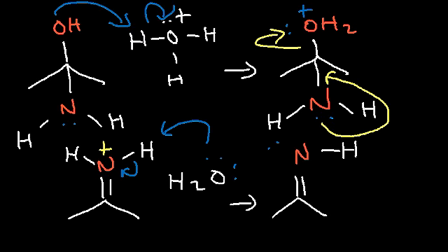Now what about the enamine product? Let's propose a mechanism for that as well. So what do you think is the first thing that's going to happen in this example? So I'm going to draw the secondary amine like this.